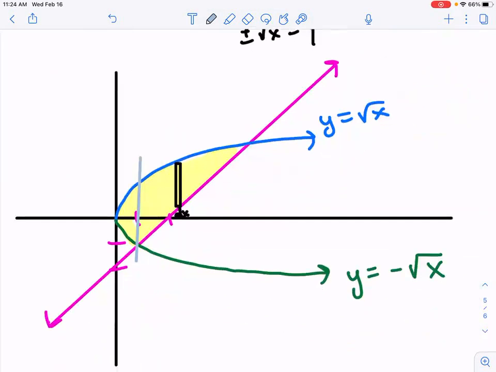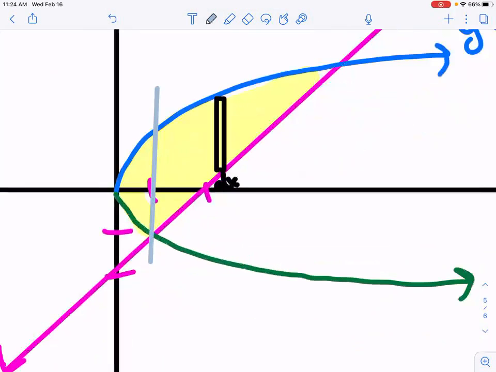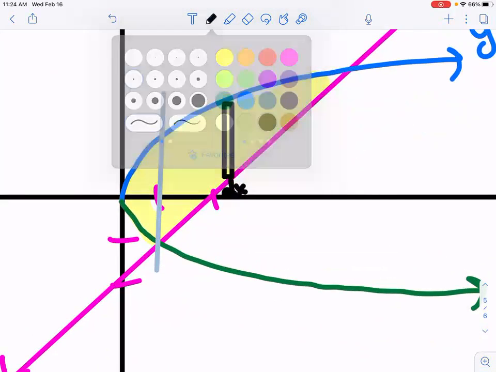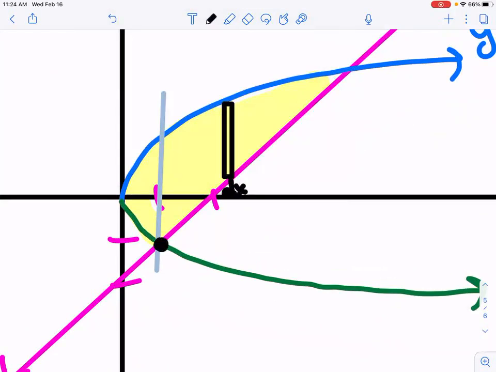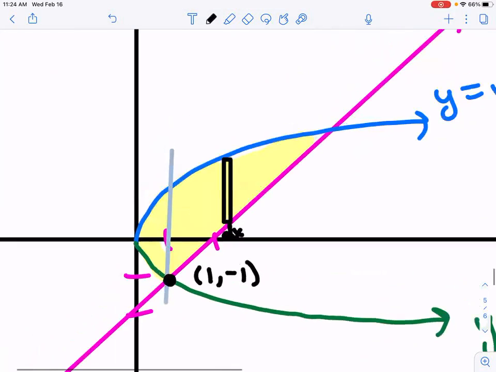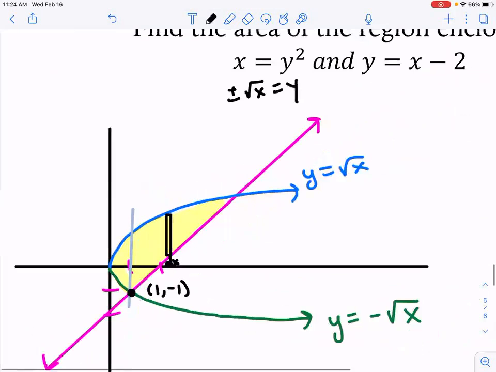So let's figure out what all of these x values are. What is this coordinate right here? 1, -1. Let's be sure about that. Does 1, -1 satisfy x equals y squared? Y equals x minus 2?